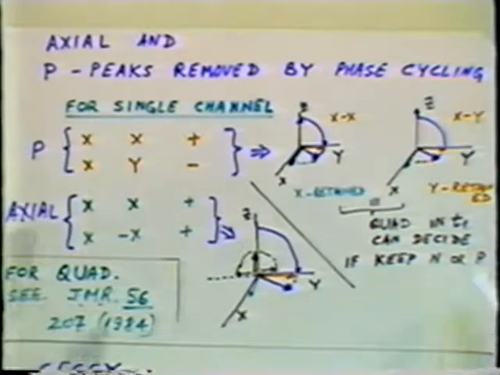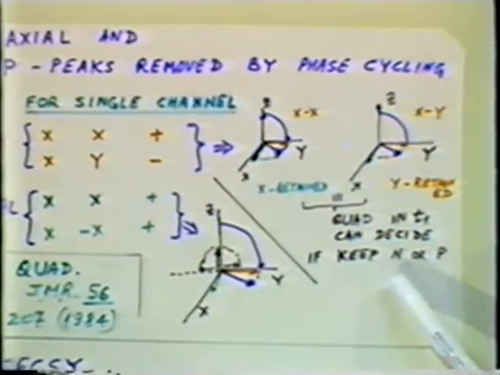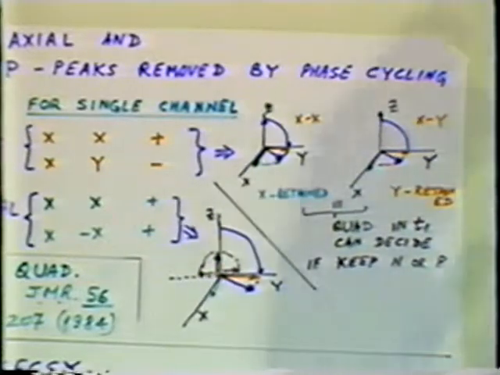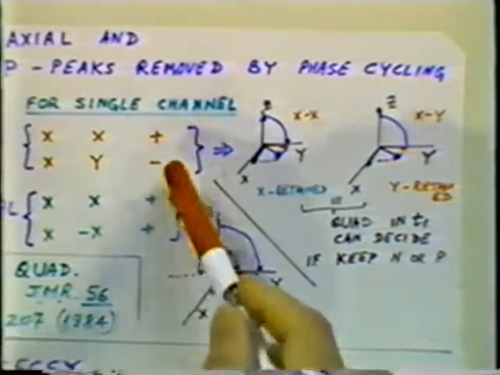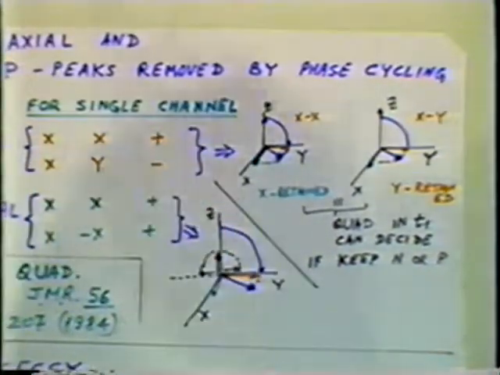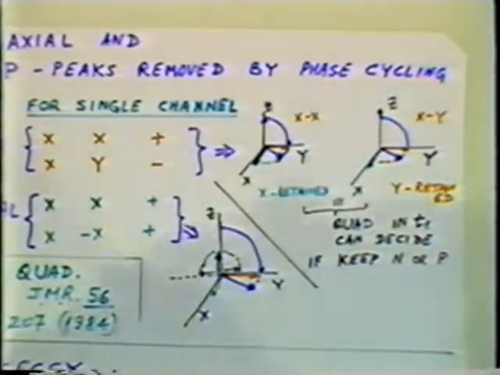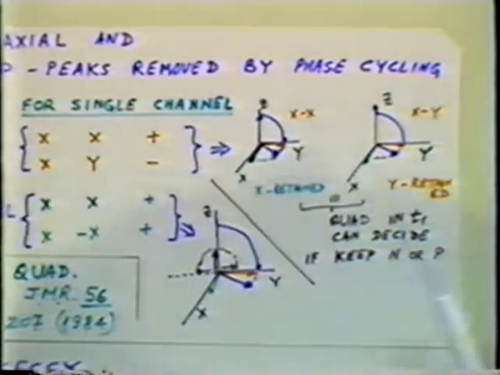So basically the quadrature detection that we do decides whether we want to keep the N part or the P part. So a sequence like the sum of two experiments for the same value of T1, if co-added, will remove the P peaks.